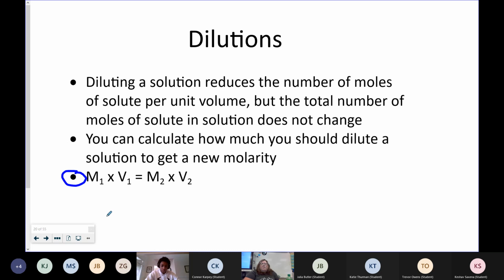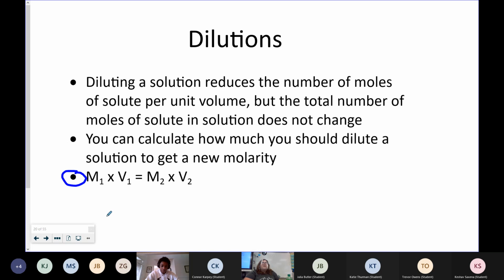This is something that I do on a weekly basis whenever I'm setting up for lab. Whenever we order chemicals, a lot of times acids and things like that, we get 12 molar sulfuric acid. I'm not about to give y'all 12 molar sulfuric acid. That's way too strong. That would burn your skin.